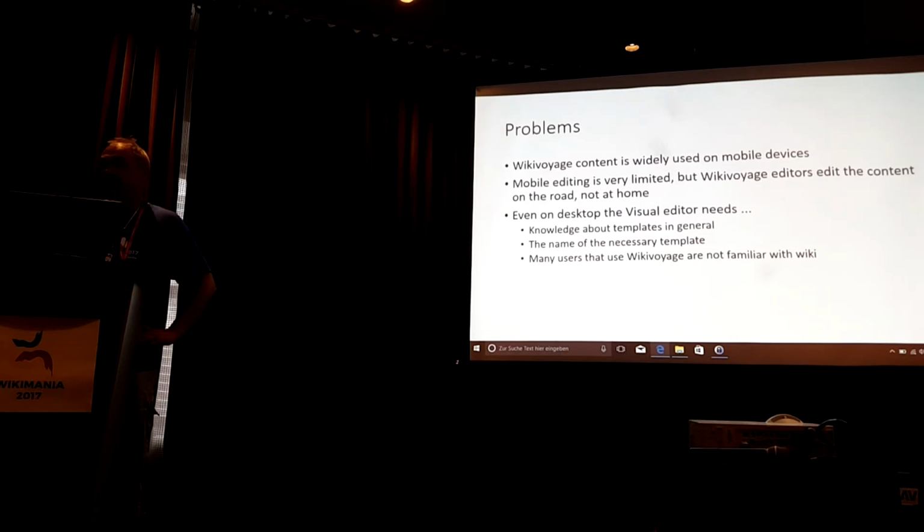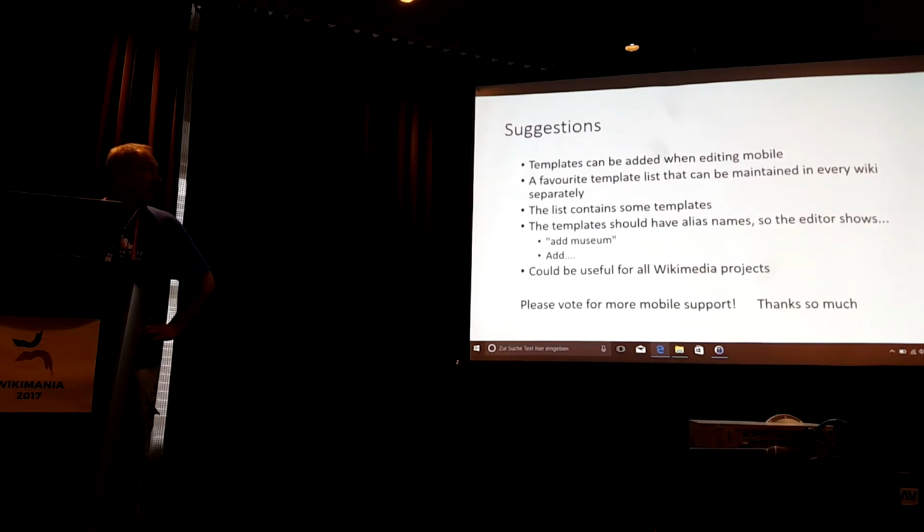Many anonymous users, or users that are not familiar, in most cases don't know it. That's why we have some suggestions, and I hope maybe some of you can support us or have new ideas.